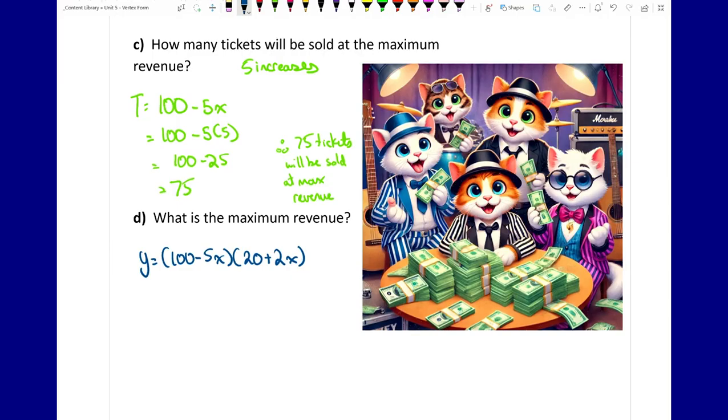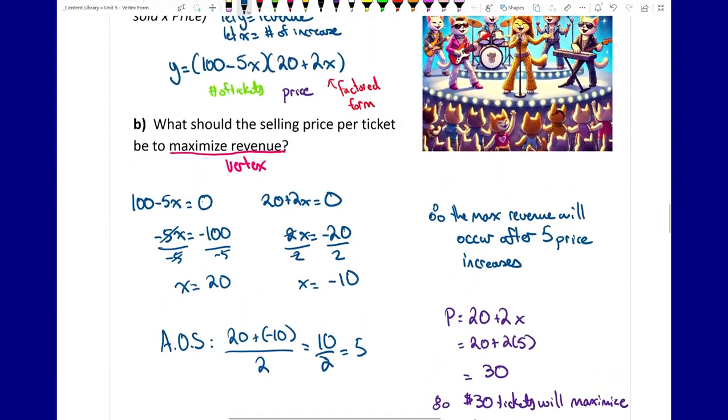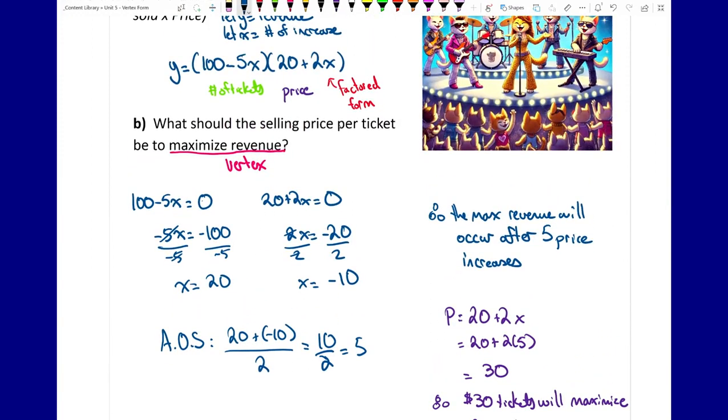And essentially now we're just going to go through and find the y value of our vertex using the x value, which we already found. This is the y value of the vertex. Maximum revenue was the vertex, but the selling price per ticket, we had to work through that.